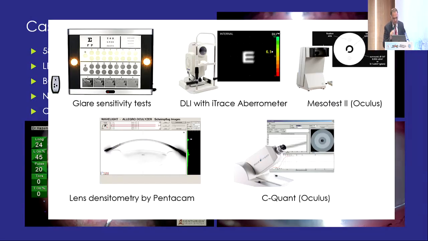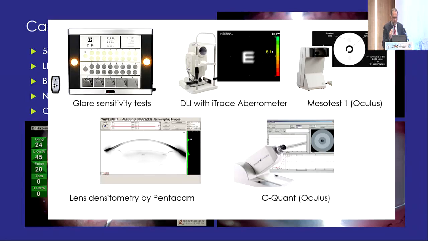To recap again, we need to be very objective. We are not pushing, but we are just telling the patient that this is an option. Not many of us have this HD Analyzer measuring the scatter, but there are other devices.